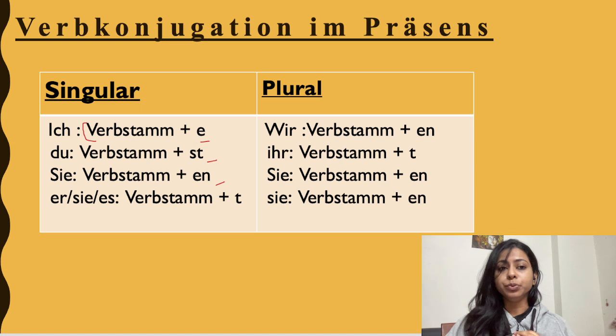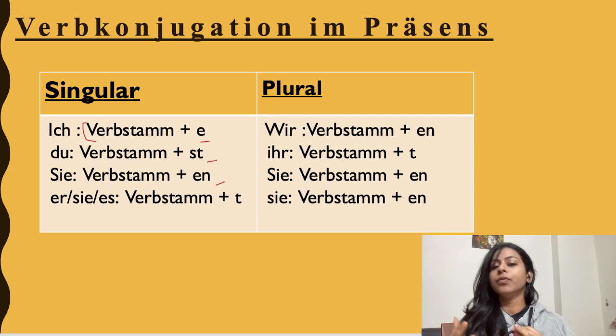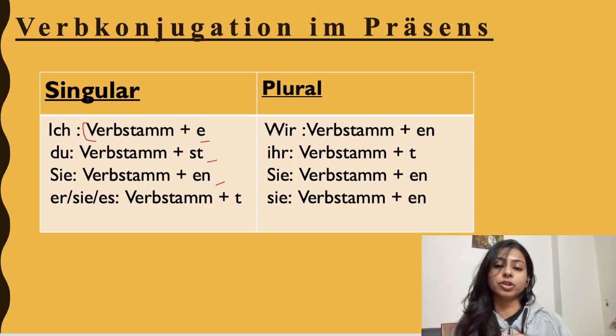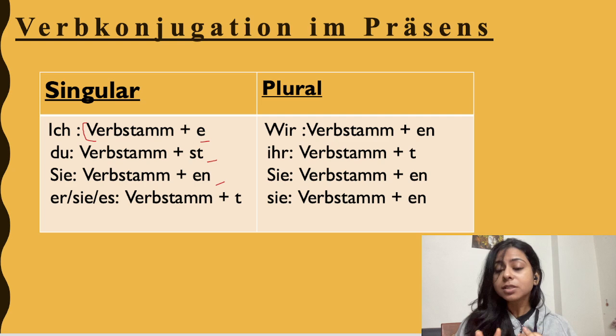Then we have du, verb stem plus st. Then er, sie, es, verb stem plus t; wir, verb stem plus en; ihr, verb stem plus t; sie, verb stem plus en; and then again Sie, with a capital S, verb stem plus en. So you can either remember the table or learn the conjugation of each verb. So this is for regular verbs.